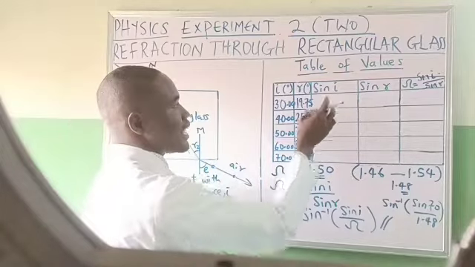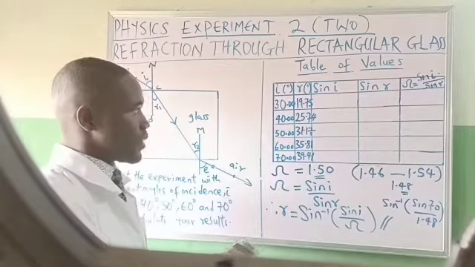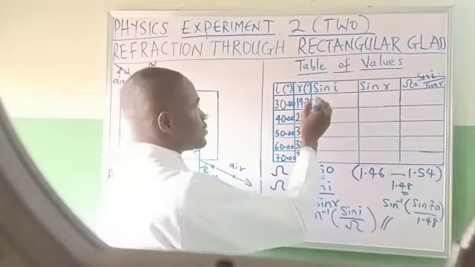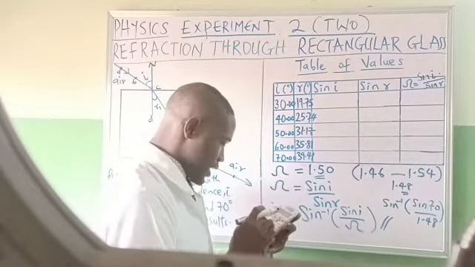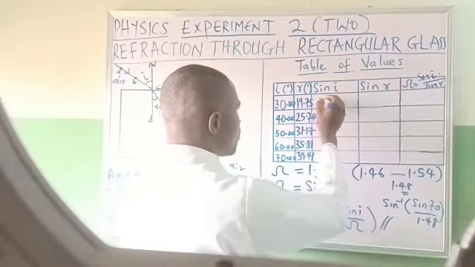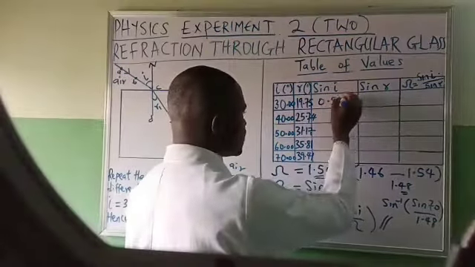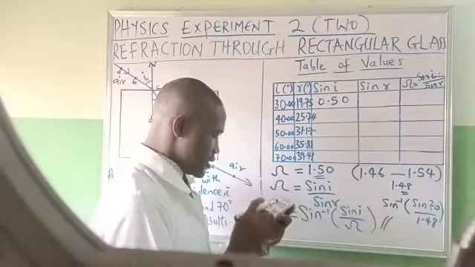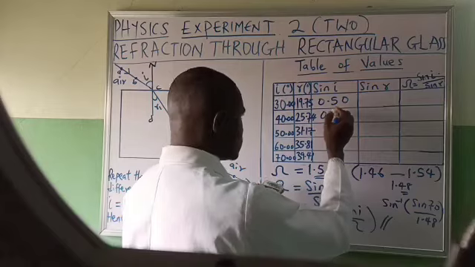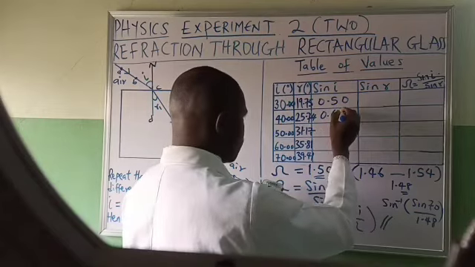I'm to get my sine i now. My first sine i is sine 30, which is 0.50 in 2 decimal places. Sine 40 is 0.64.